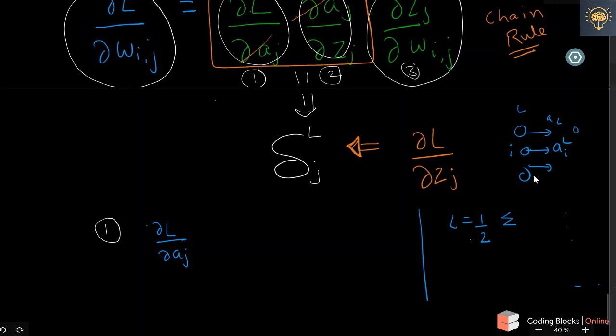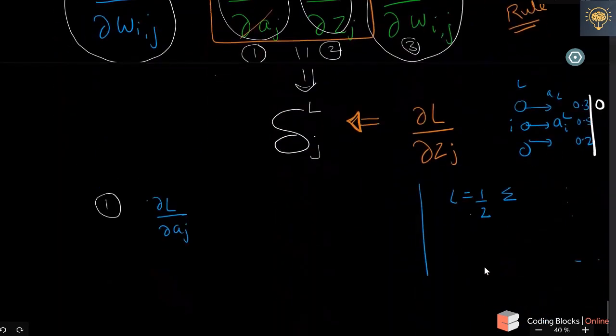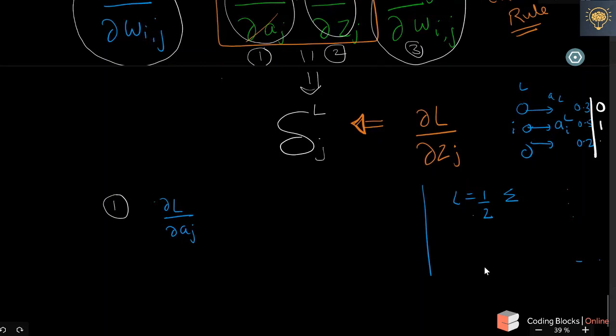Let's say the output probabilities are 0.3, 0.5 and 0.2. But the true probability will have only one value, say the true probability is 0, 1 and 0. So what you need to do is take a difference between A^L and Y^L, which is the true output.